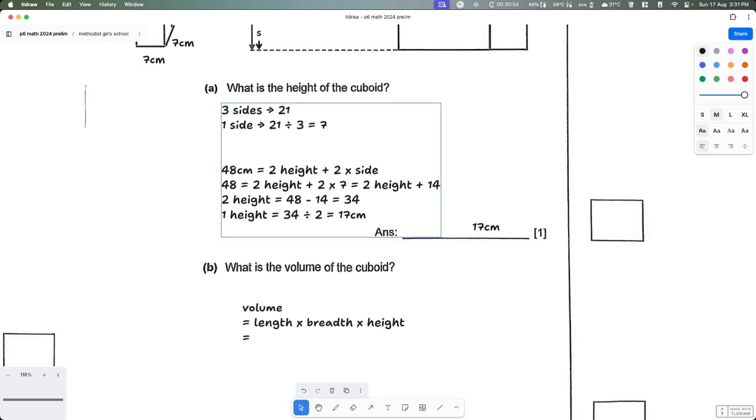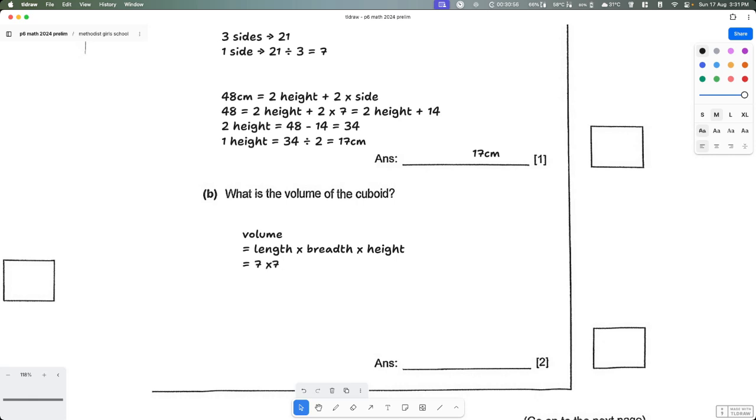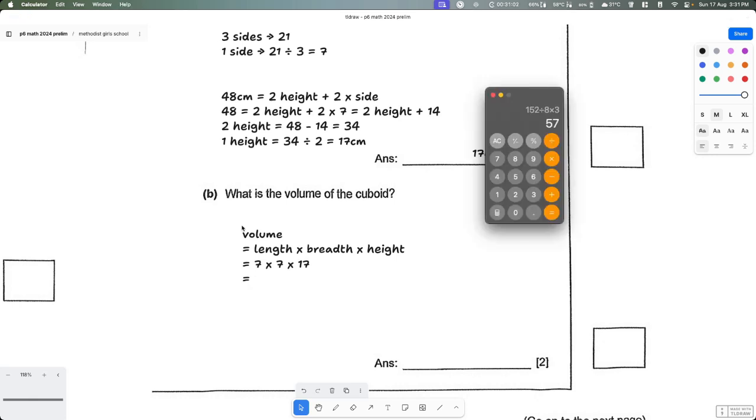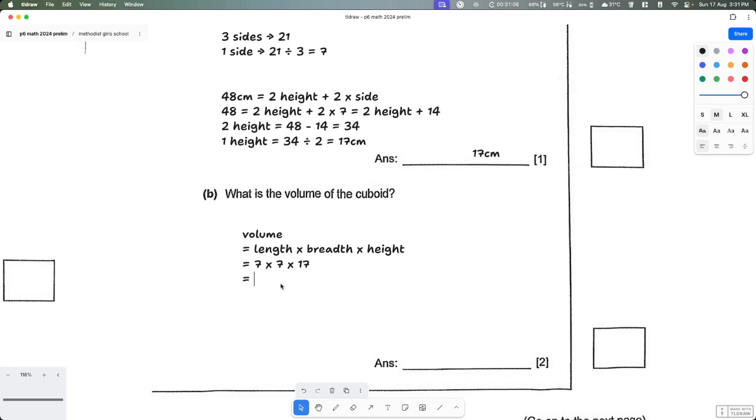It's equal to 7 times 7 times 17. Let me use the calculator. This will give you 833 centimeter cube. That's the answer.